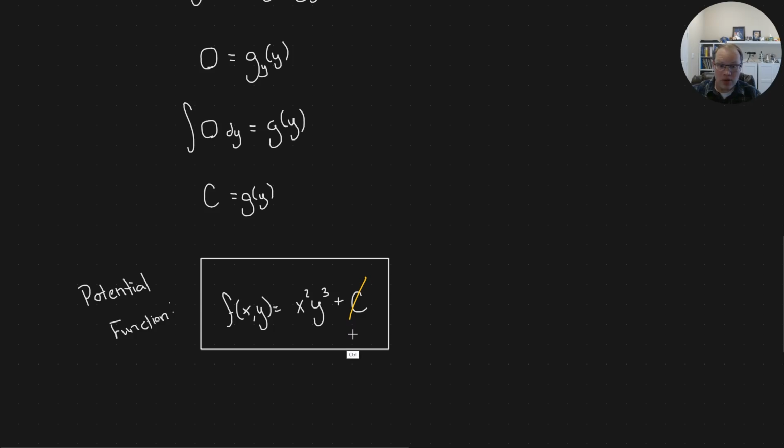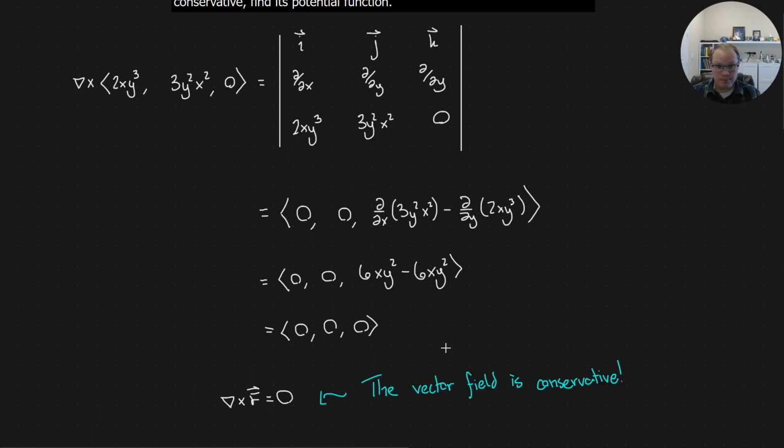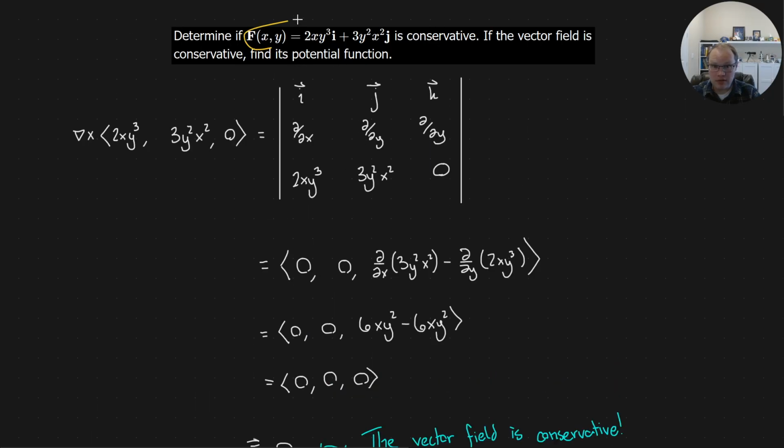Okay? Now with this potential function, the problem doesn't ask for this, but we can easily find any line integral over our vector field.